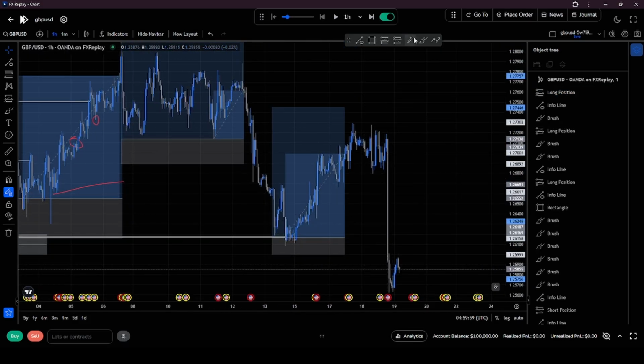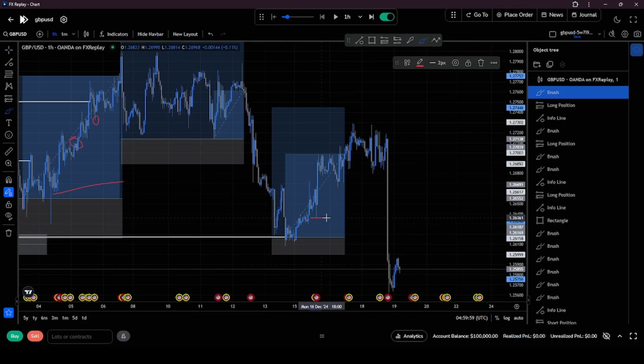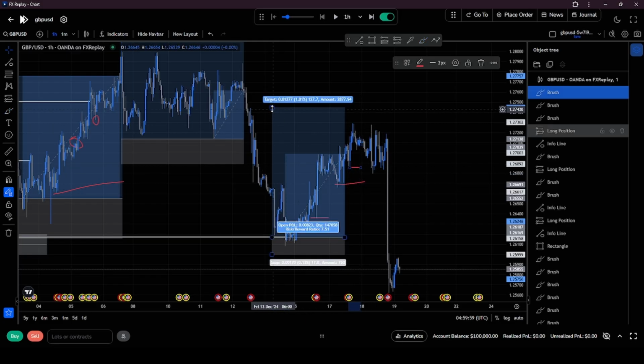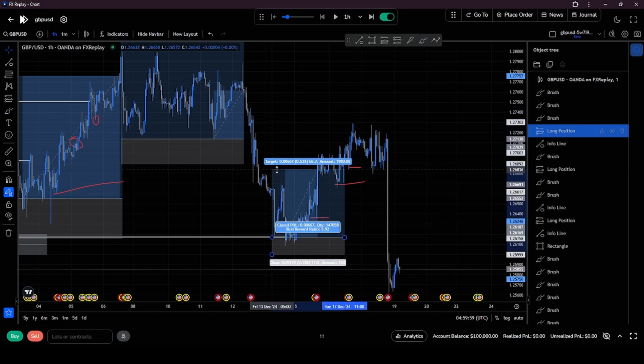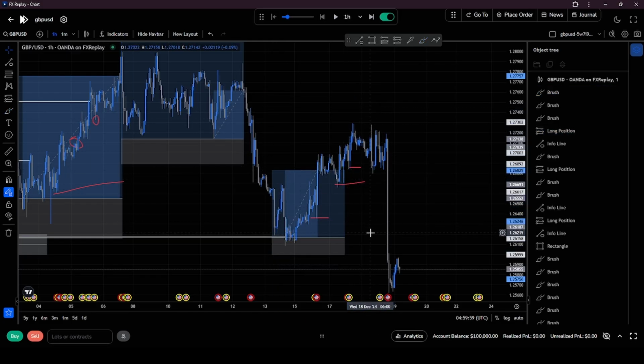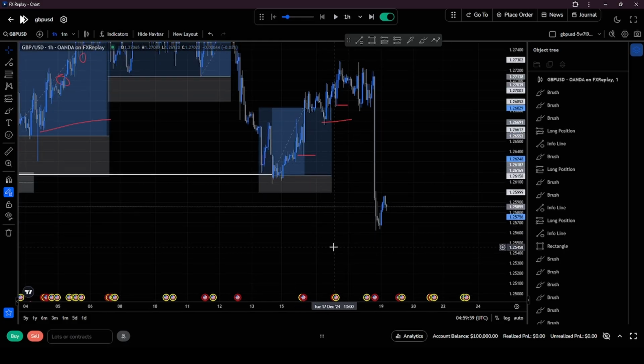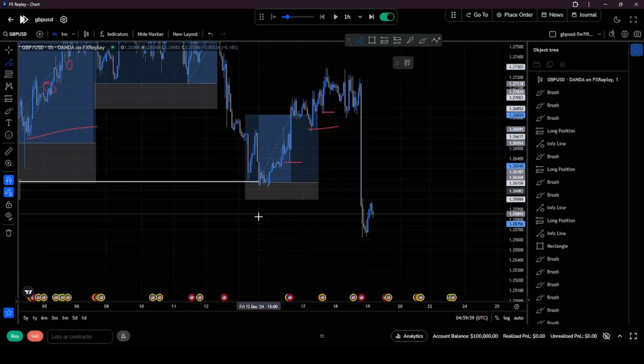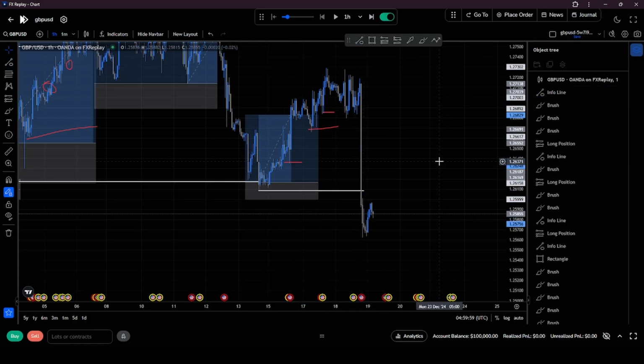All right. So I would have been trailing my stop loss here, here, here. Okay. So I would have been stopped out at 1:3.88 risk to reward. Okay. And then we had the valid change of character here. All right. So that's how we take trades with the major inducement and then the minor inducement.